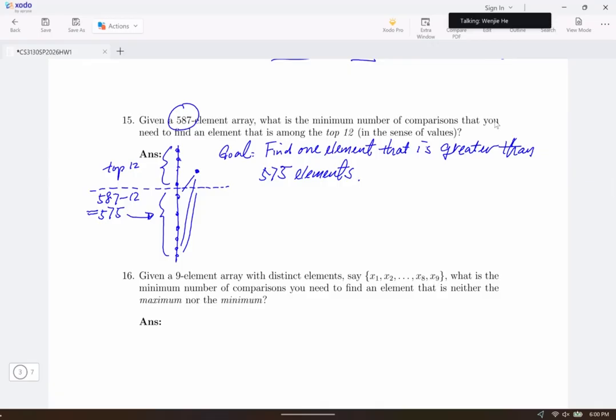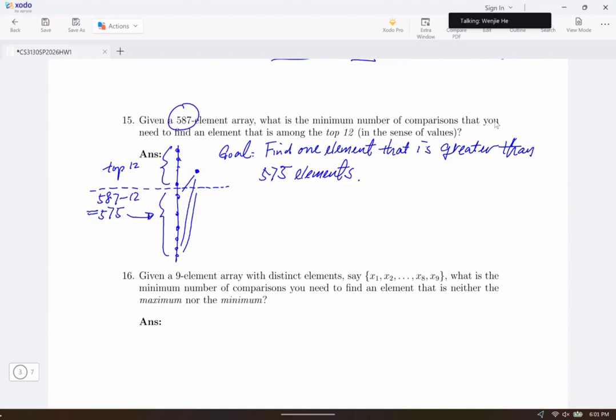That means we need one element that beats 575 elements. In other words, this element only needs to beat 575 elements, not the maximum. So definitely, we don't need to find the maximum, right? Because the maximum element will beat 586 elements.